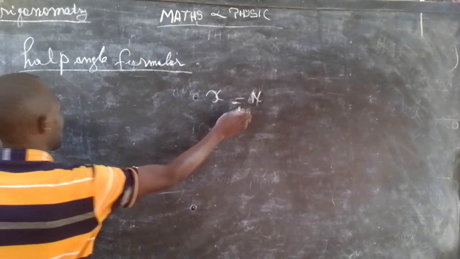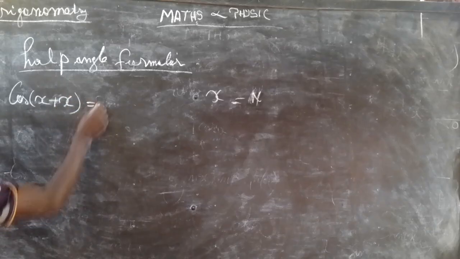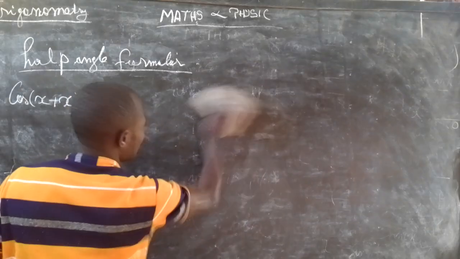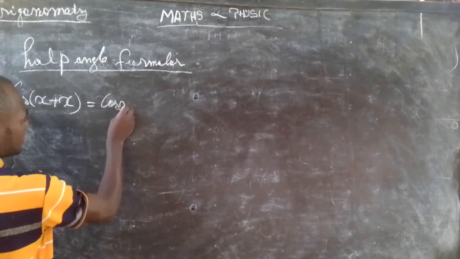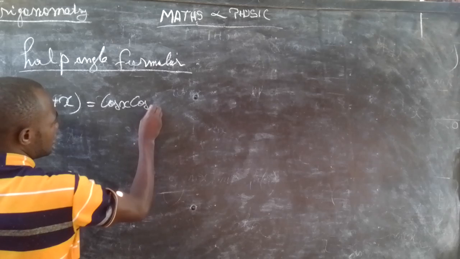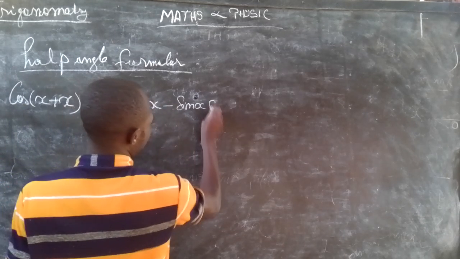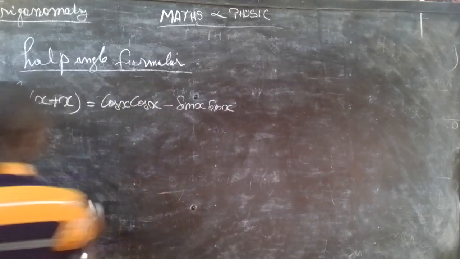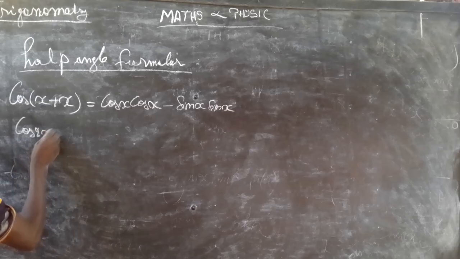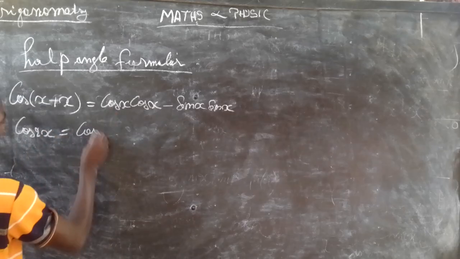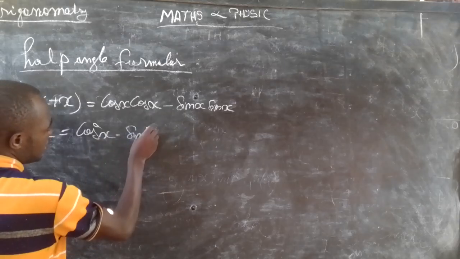We will replace n by x. So here we will have an x again, which will give us a form that looks like this: cosine x, cosine x again, negative sine x, sine x again. So cosine of 2x is equal to cosine square x minus sine square x.